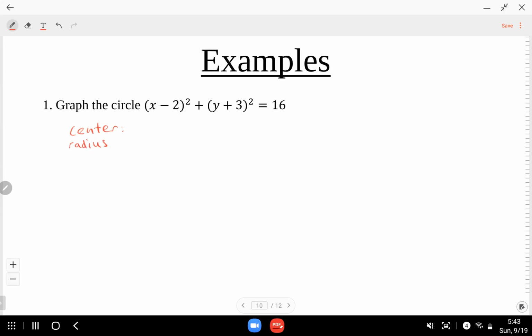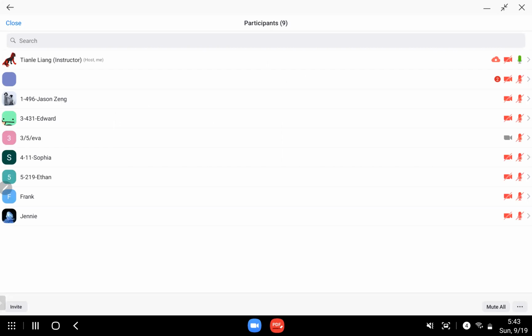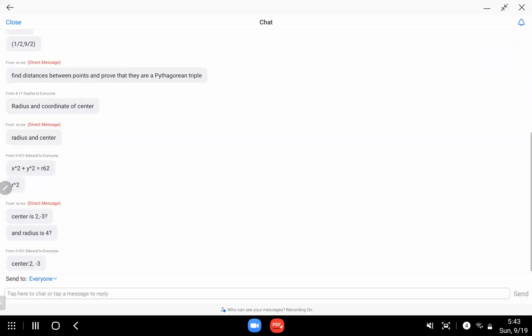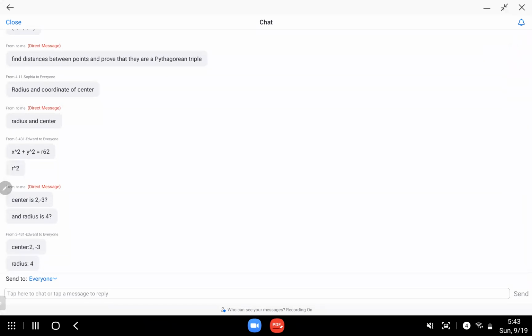How would we find this? Okay, I'm gonna give you a few moments to answer. All right, I think we already have answers. Okay, center is (2, -3), and the radius is 4.